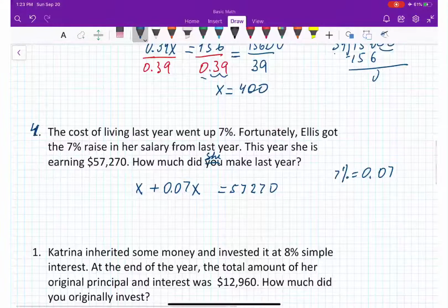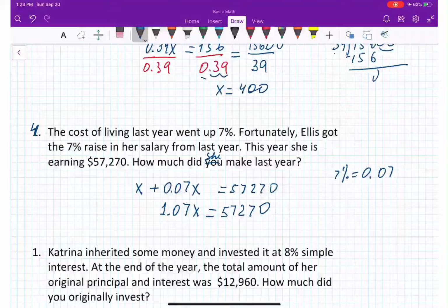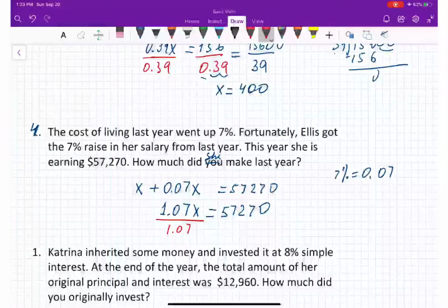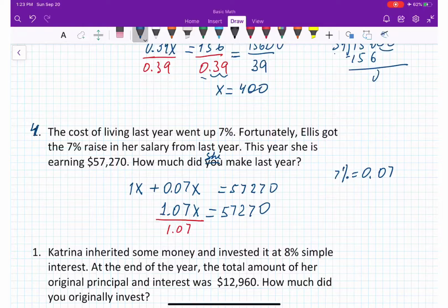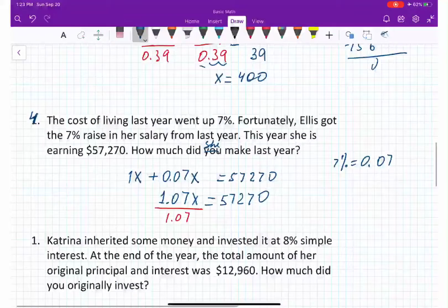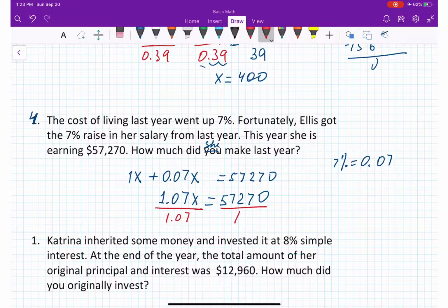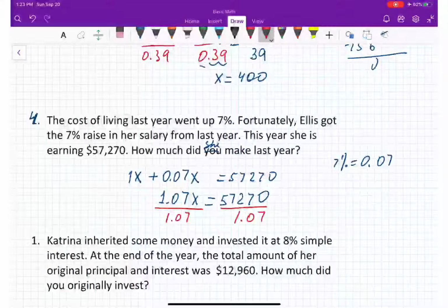All right, so from here, what do we get? 1.07X is equal to 57,270, and to find X I am dividing by 1.07. How did I get 1.07? So X meaning 1, right? 1 plus 0.07, and here also we divide by 1.07.